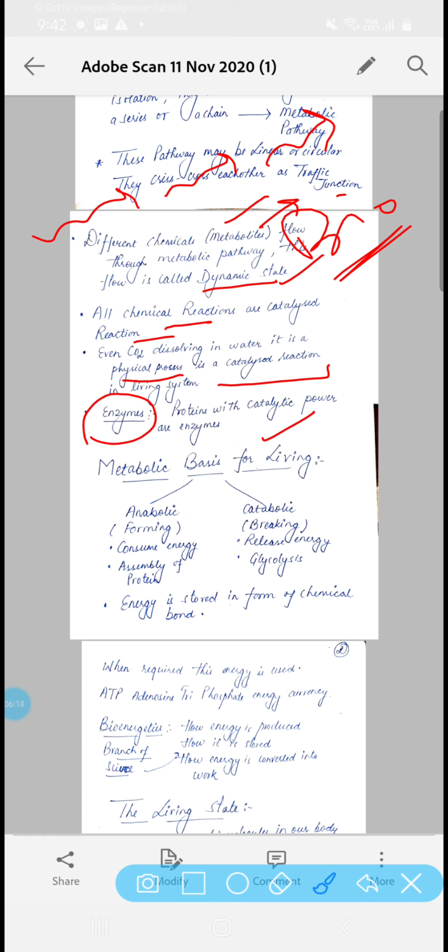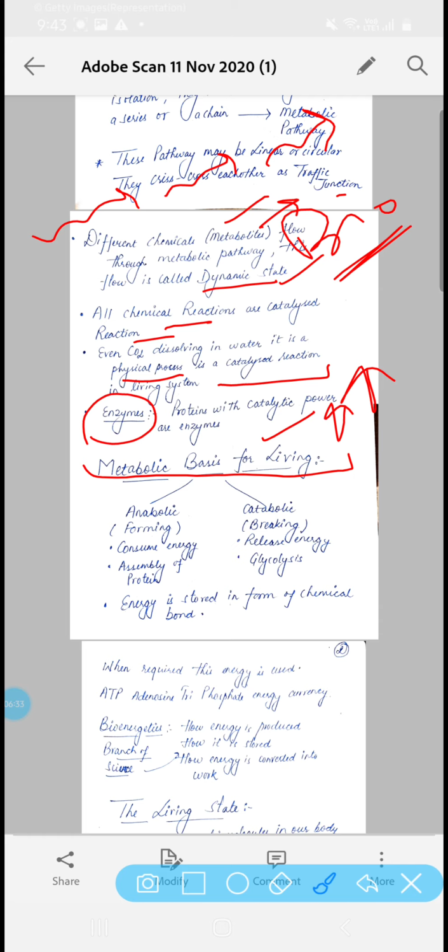ओके, सो एंजाइम्स का काम क्या है? ये किसी भी रिएक्शन की स्पीड को स्पीड अप कर देते हैं, बहुत ज़्यादा लेवल पे हाई कर देते हैं स्पीड को. ओके, now metabolic basis for living. Next topic is metabolic basis for living.